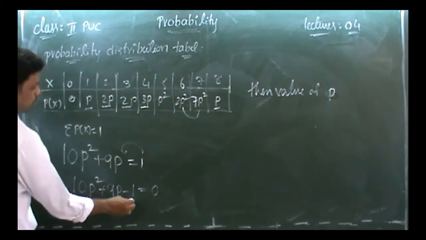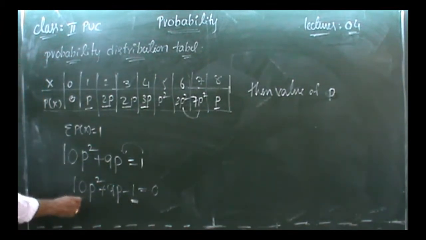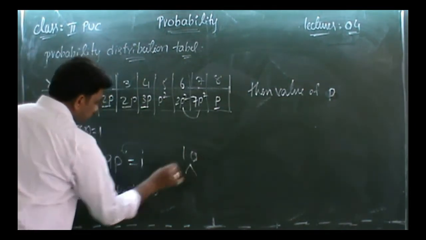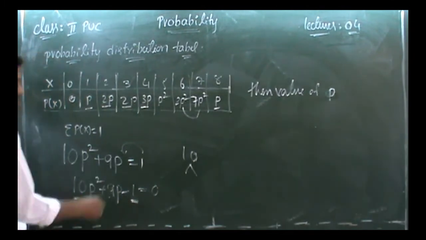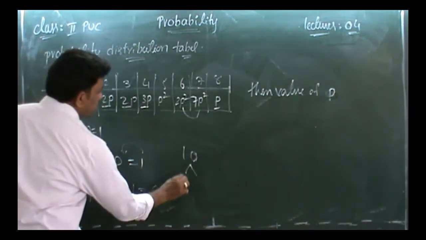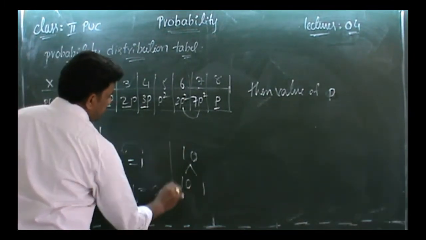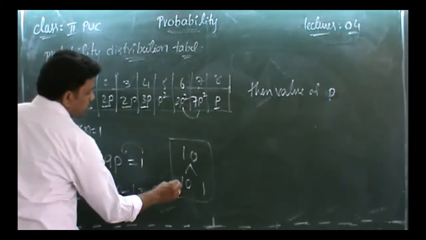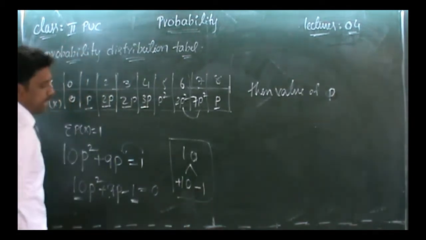If you have to do factorization, the product should equal 10 and the difference should equal 9. So we know 10 ones are 10, and 10 minus 1 is 9. So here you put the plus symbol, here the minus symbol.